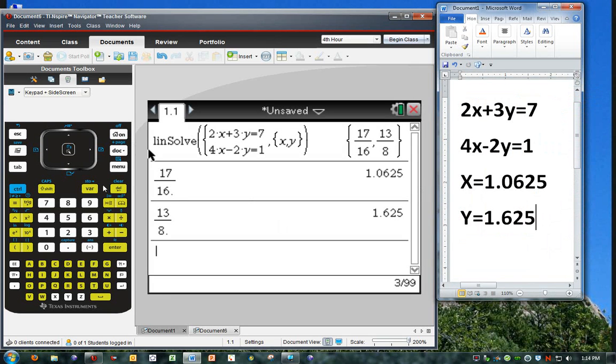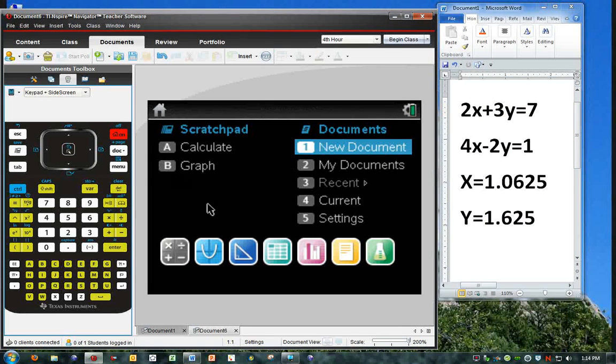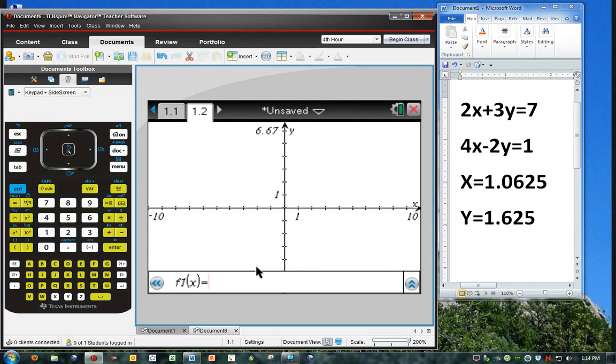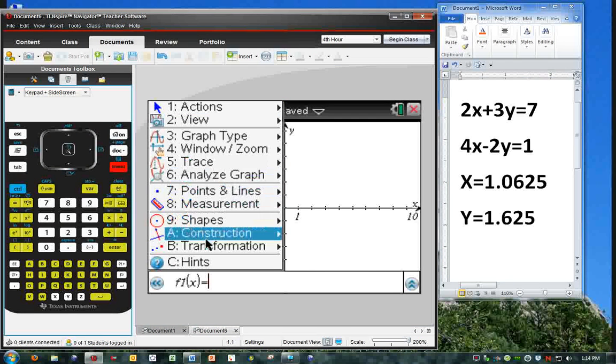Now, in order to solve this, we can hit home, and then we want to go to a graph. So we have our graph here. Now, unfortunately, or fortunately, this calculator, the operating system, doesn't really work here.